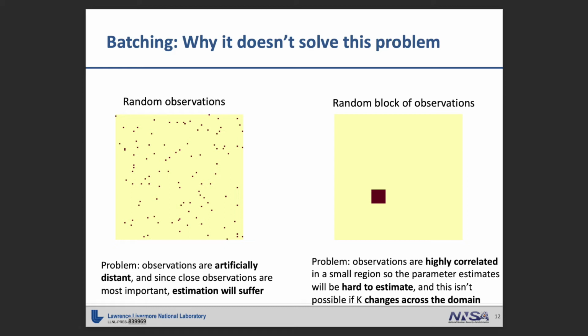And those are what I'm going to estimate my parameters on. The problem here is that you're making your points artificially distant away from one another. And actually in Gaussian process models, it's getting the correlation function right around the distance being 0. So it's all the local information that's going to get you the best solution.